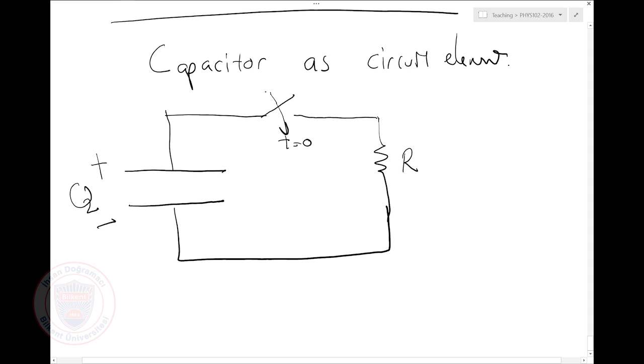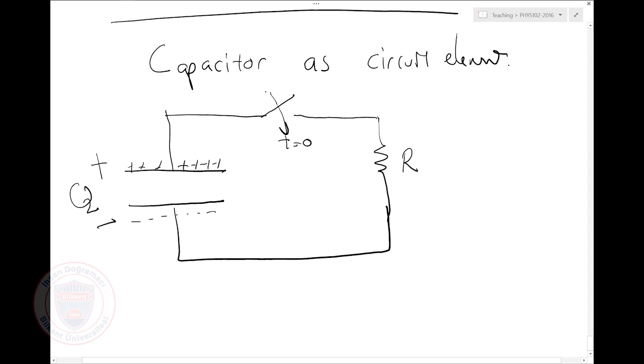Now, there are plus charges here and minus charges here. When the switch is open, plus charges cannot migrate to the minus charges because they don't have any path. They actually have to jump over vacuum to get there. They can't do that. But as soon as I actually close the switch, what will happen?